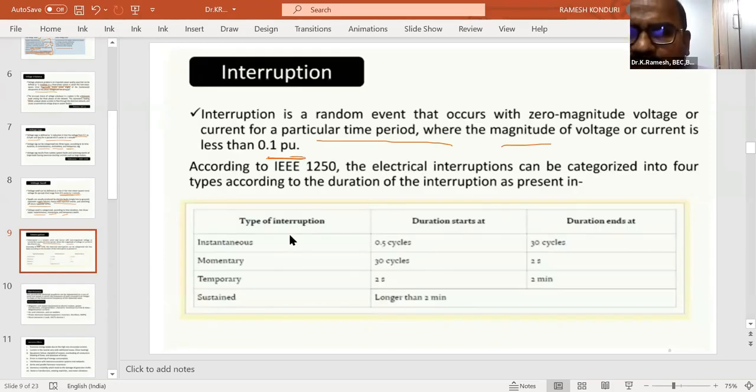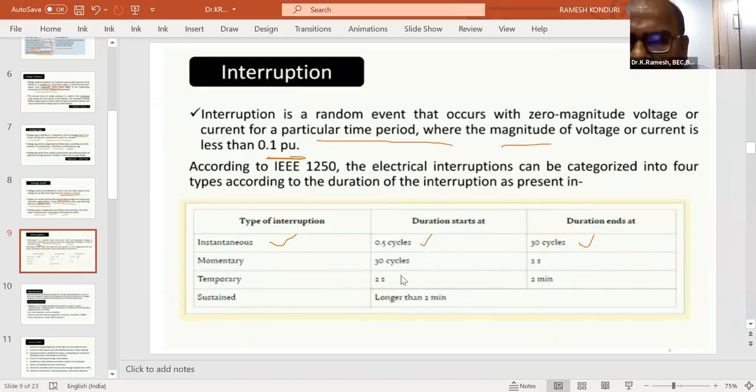Depending upon the duration, if it is an instantaneous interruption, the duration starts at 0.5 cycles and ends at 30 cycles. If it is a 50 Hz system, one cycle is 20 milliseconds, so 0.5 cycles is 10 milliseconds.